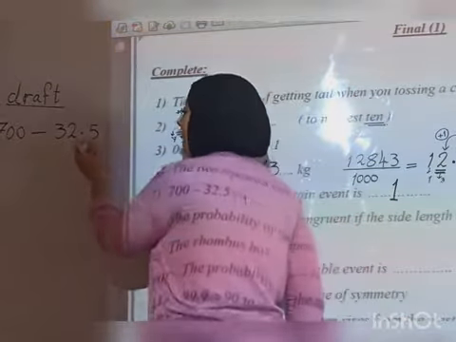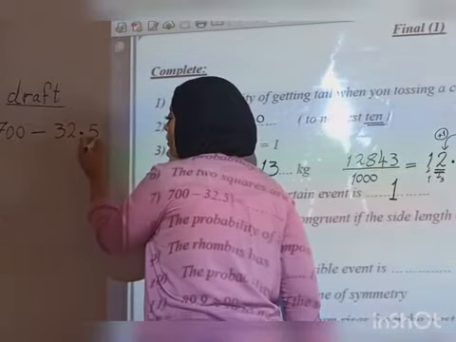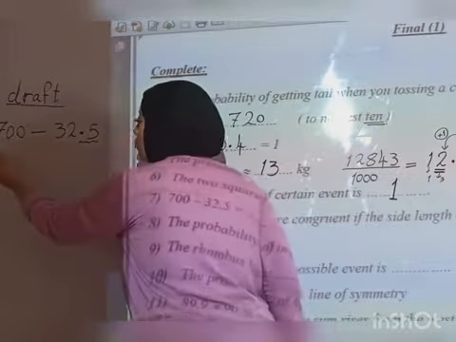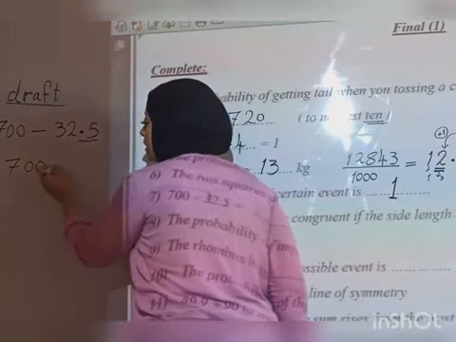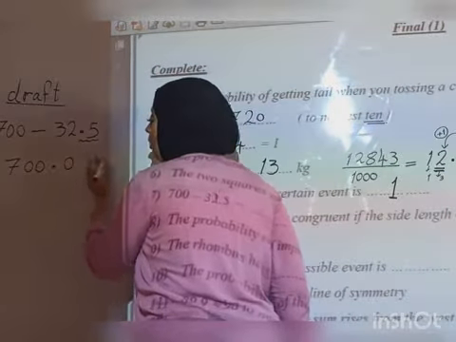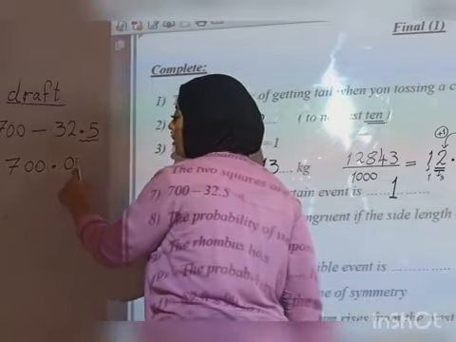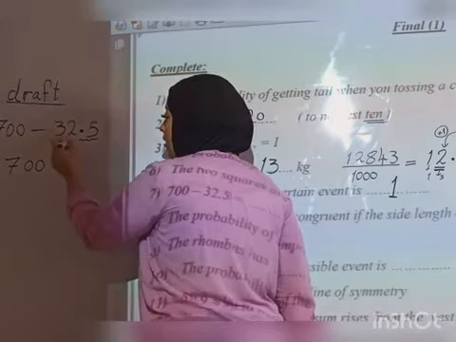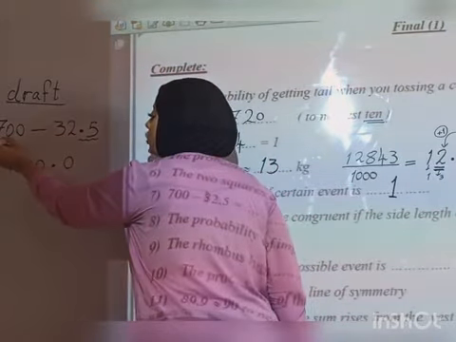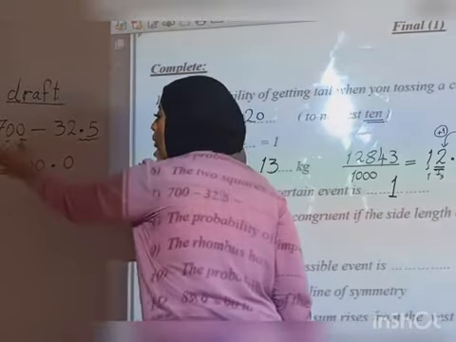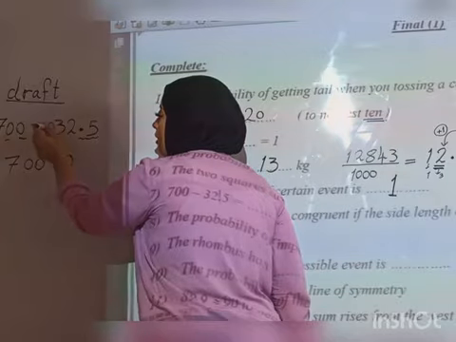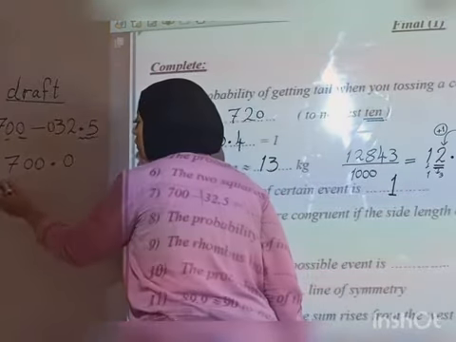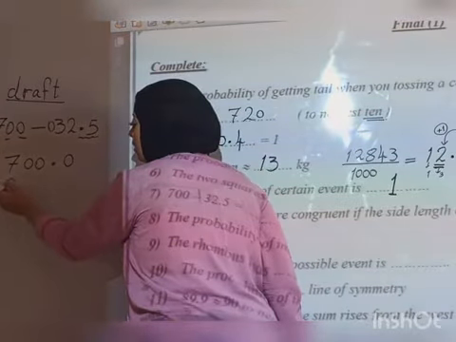Here we have one decimal place, so we will put 700 with one decimal place. We put 0 in the decimal place. Then we have here 1, 2, 3 digits in the whole part, so we put a 0 here to get 3 digits.